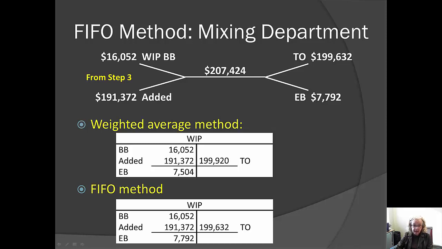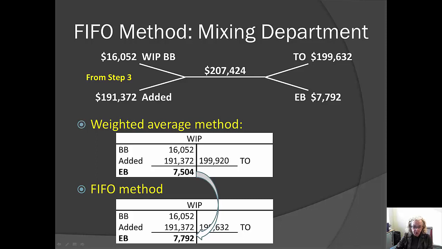Here are T accounts to show you what work in process would look like under the weighted average method and under the FIFO method. And you'll notice they're very similar to each other, but they are not exactly the same. If we look at the ending balance, we see that ending work in process under FIFO is higher than it is under the weighted average method.